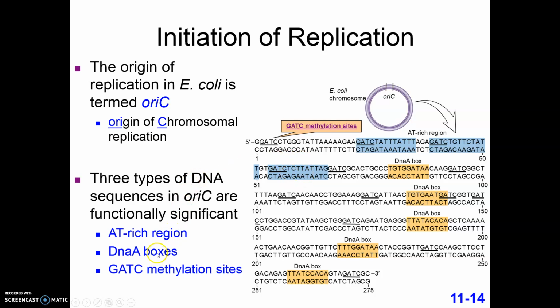We also have another sequence called a DnaA box. You will see that this sequence is repeated over and over and over again. Not always completely perfectly, but very, very similar. The third major site is something called a GATC methylation site, and you will see a number of these scattered throughout.